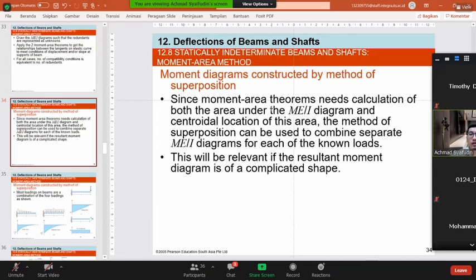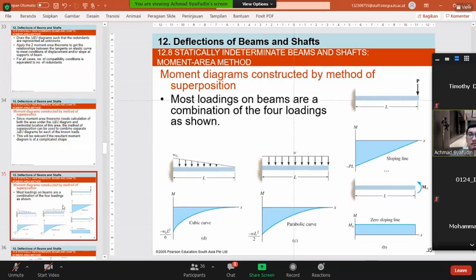Because the moment area theorems need calculation of the area under the M over EI diagram. The method of superposition can be used to combine the M over EI diagram of each of the known loads. That is the concept.